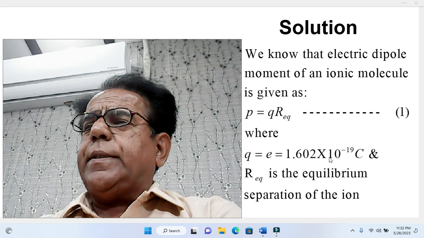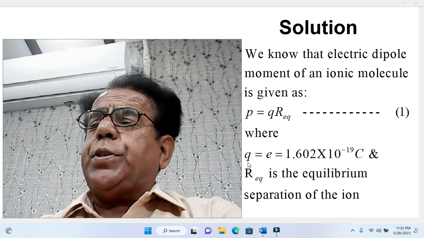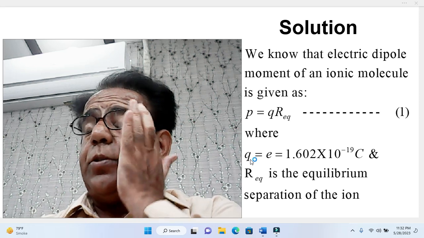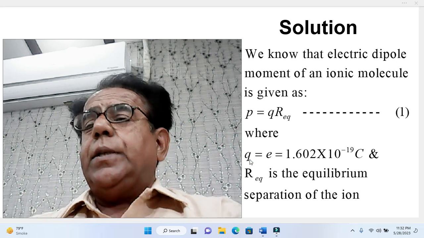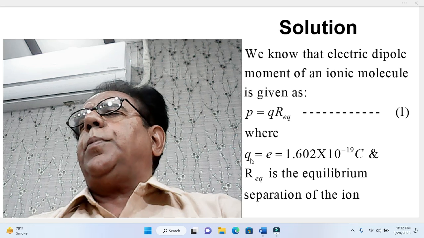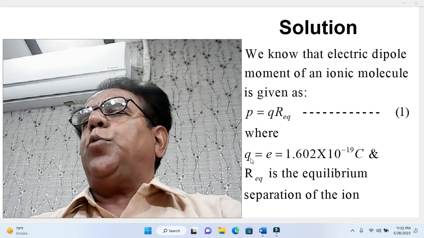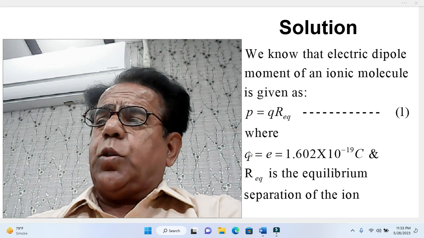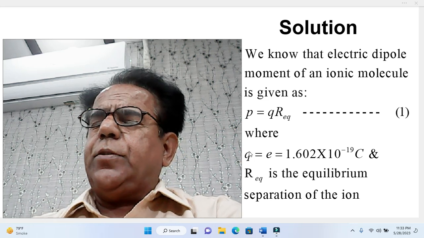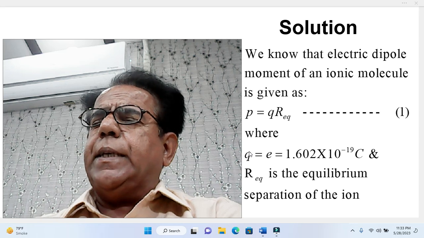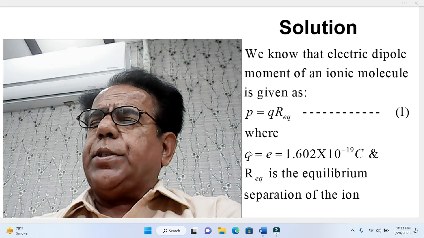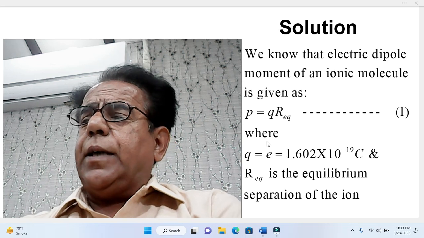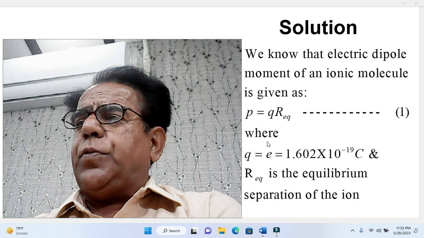Some authors use q for charge while solving problems relating to electric dipole moment, and some authors use the symbol small e, which is the electronic charge on an electron. And R_EQ is the equilibrium separation of the ion.